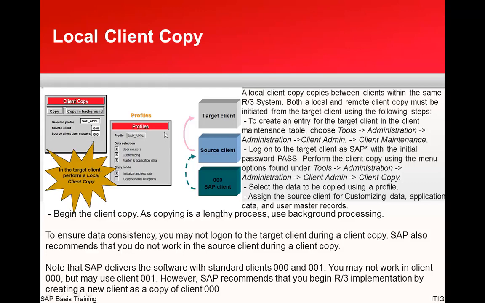So let's get into the system and show you how this works. Basically this is for building a client within the system. Say for example you have a client, say 000, and you want to build a client, say 560 or any other client, could be 001, 002.